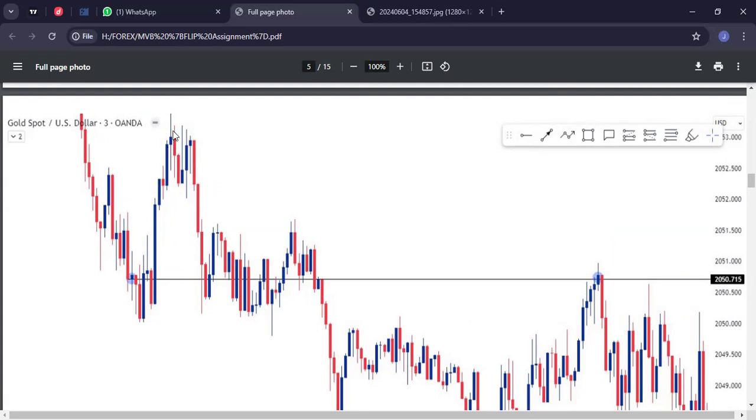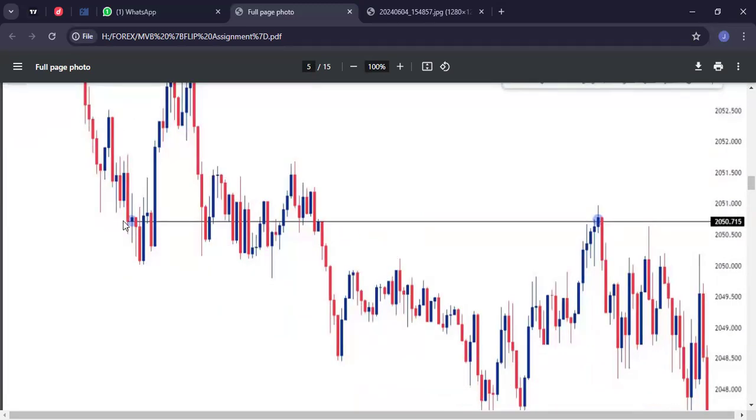The point where the market turns towards the entry point is where we mark our take profits. And I'm going to teach you about taking profits and risk management in the topic of directional bias.